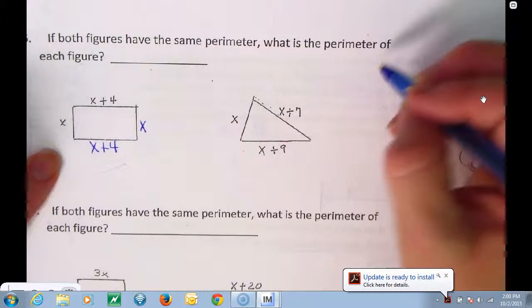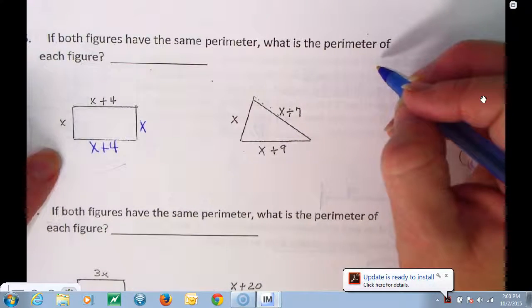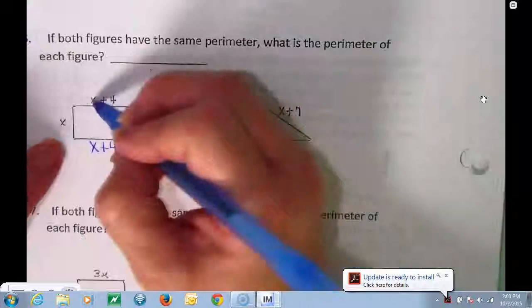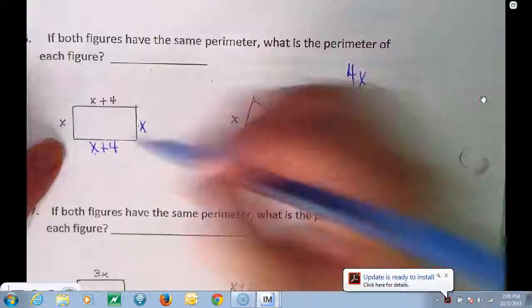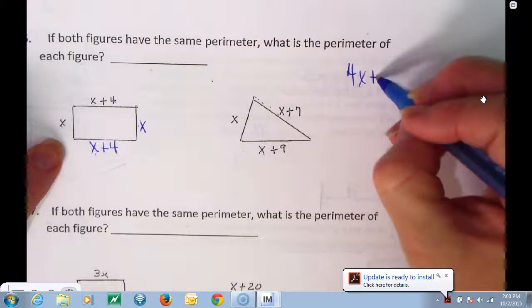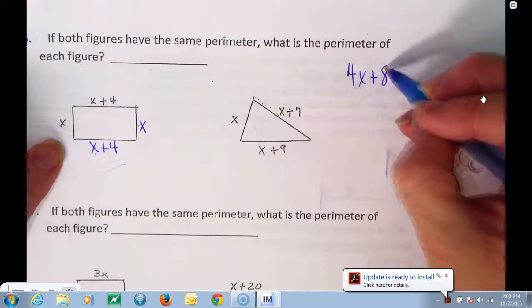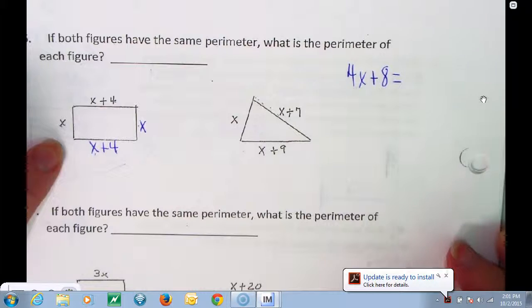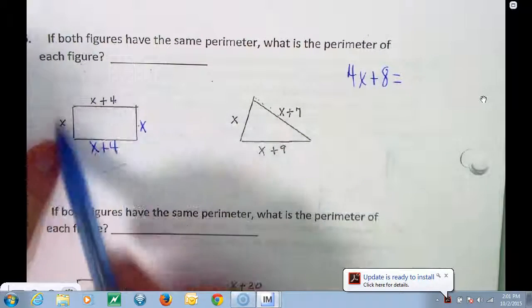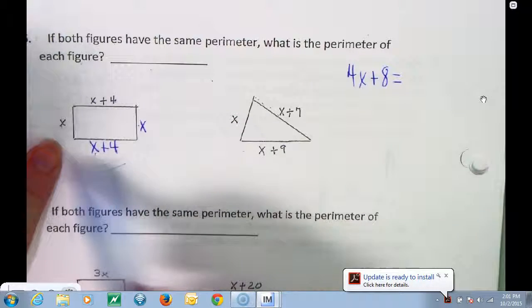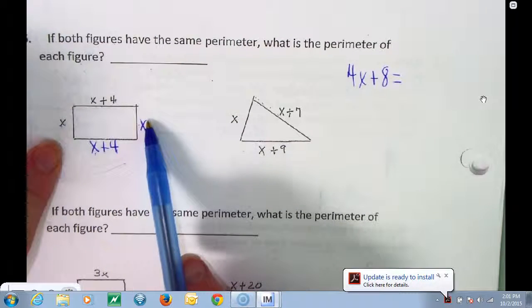Add around it. So add all the x's. How many x's do you get? 4 x's. I'm just adding around it. x plus x plus x plus x is 4 x's, plus 8.